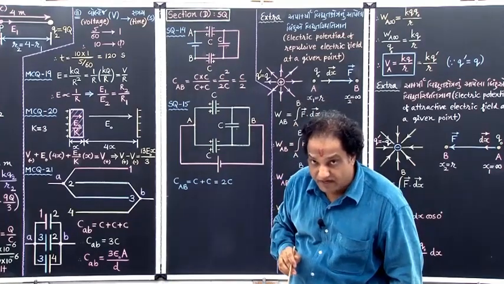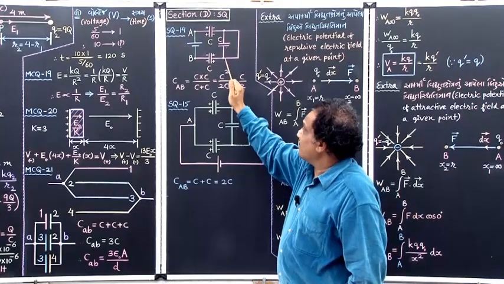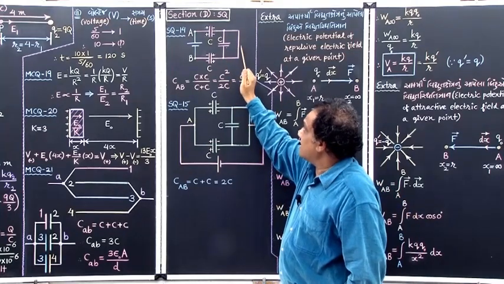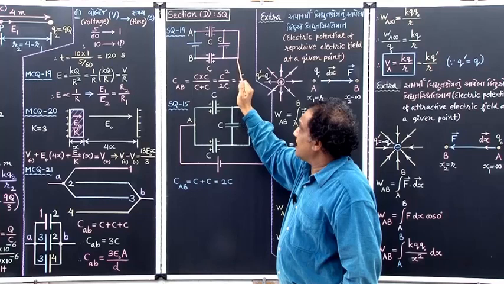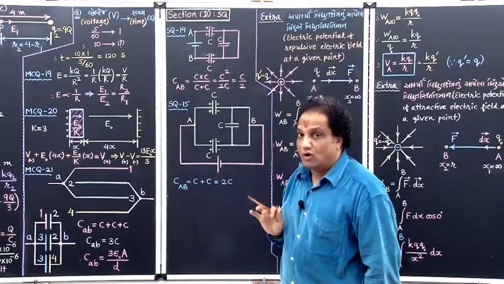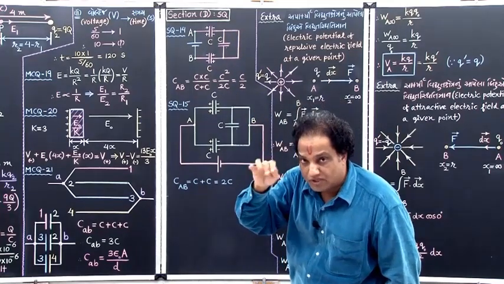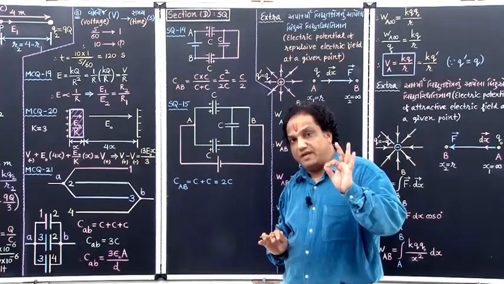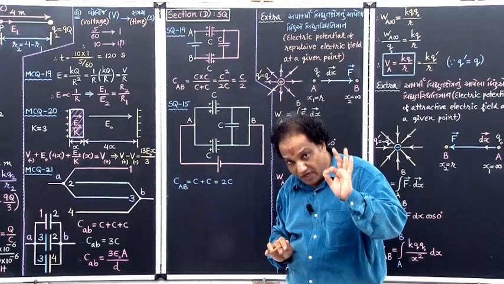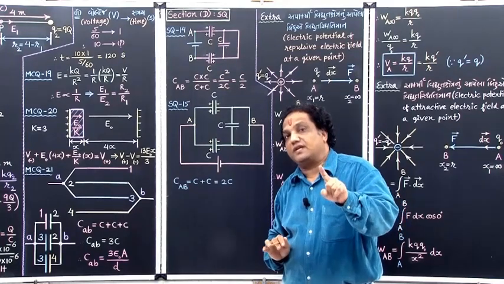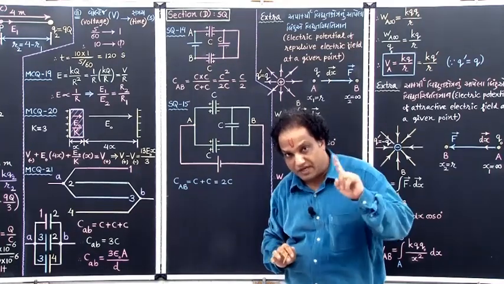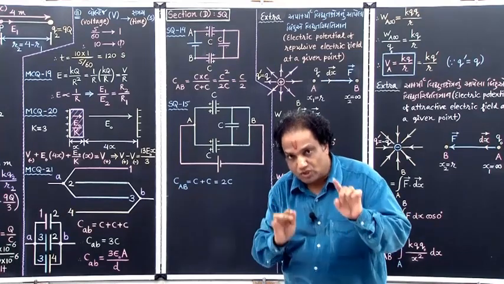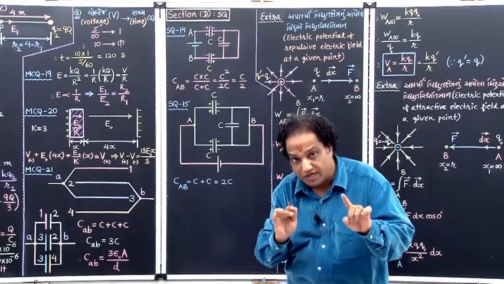But if they flow in this branch, because it is a metallic wire, it has almost zero resistance. If electrons are provided a path of almost zero resistance, then we say that the circuit is being shorted. So electrons are now short circuited.